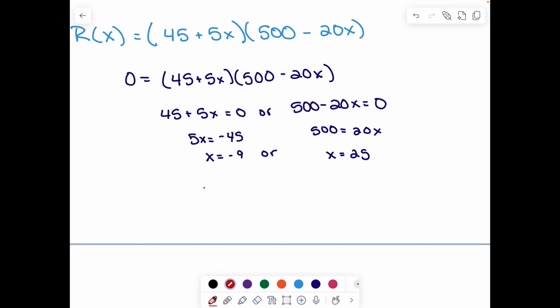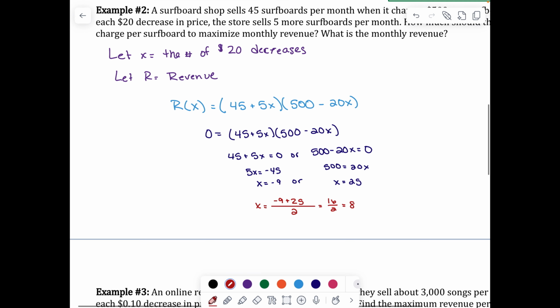So to find the vertex, because we have symmetry, we're just going to average these 2 zeros. So we have negative 9 plus 25 divided by 2. So we have 16 over 2, so X equals 8. So what does that tell me? That tells me that we should decrease the surfboard cost 8 times by $20 each time.